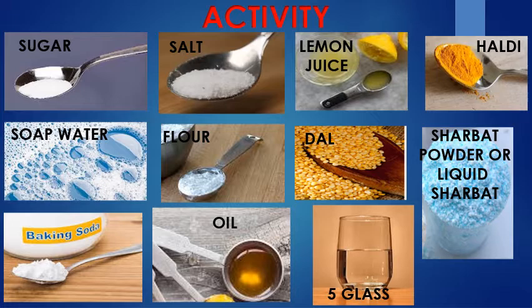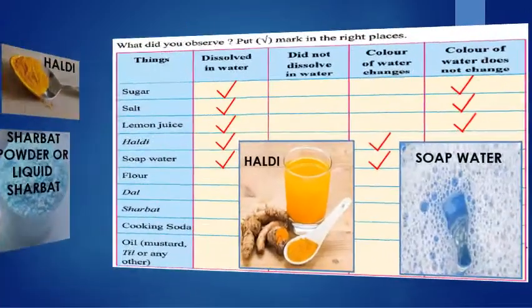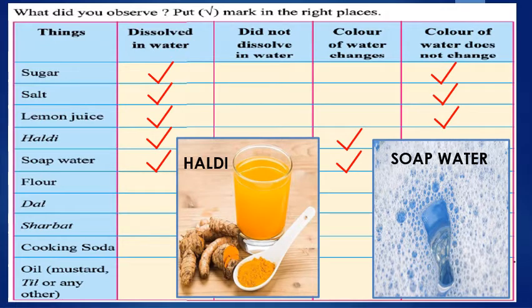Stir them with a spoon and see what happens. Write your observation in the table given in your textbook, page number 106. Put a tick mark in the right place. We can see that sugar, salt, lemon juice, haldi and soap water dissolve in a glass of water.